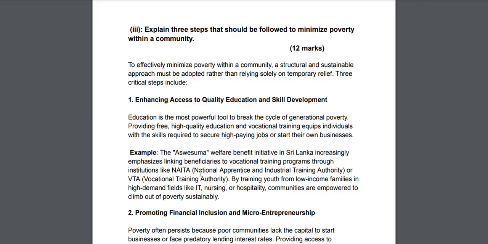So right, National Apprentice and Institutional Training Authority. So you can remember those names, right? It is okay, you have the freedom to write those names in the answers in the examination also. So what you have to do, you have to remember those things, NITA, VTA, like that.